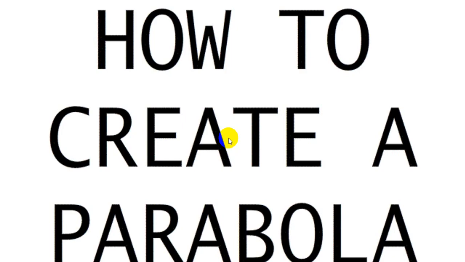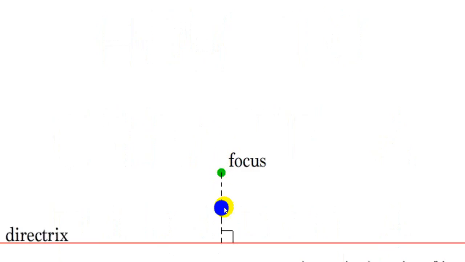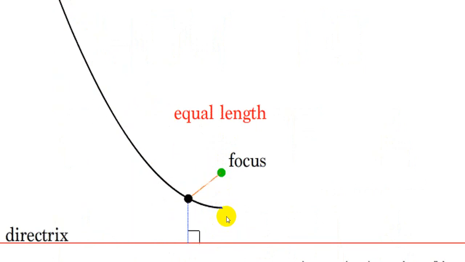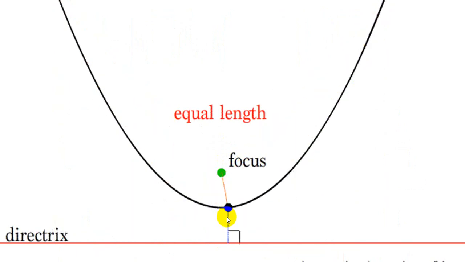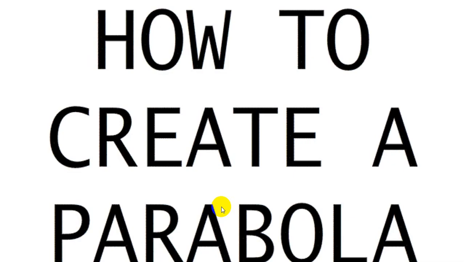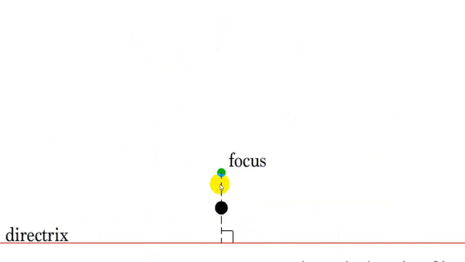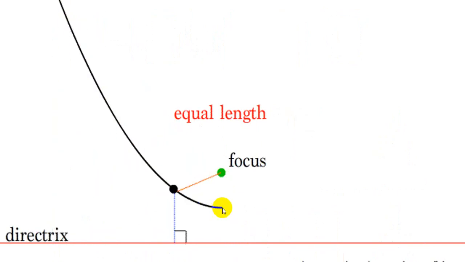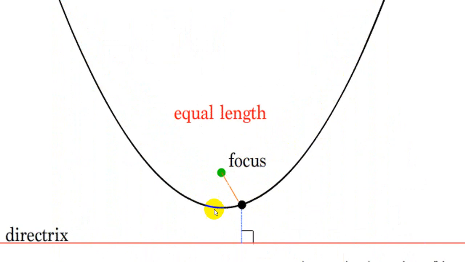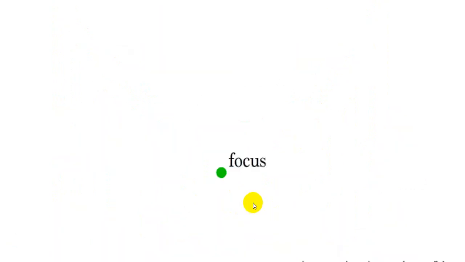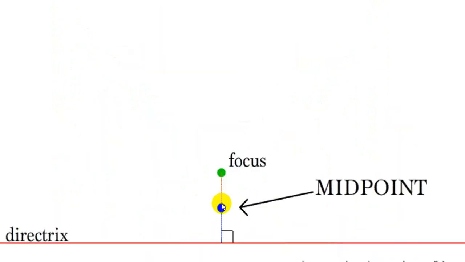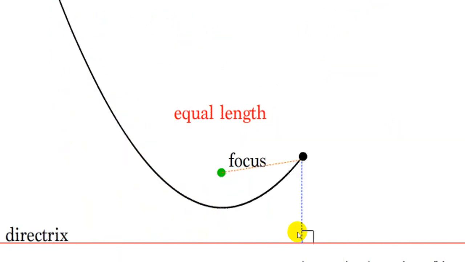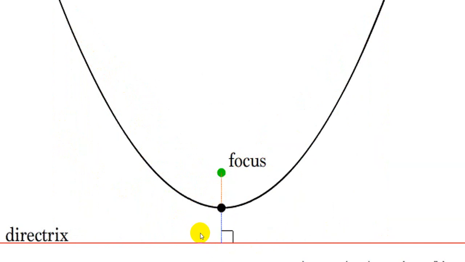This is the focus, and that is the directrix. See the vertex going up and going down similarly. Again, we find the midpoint between the focus and the directrix, and this is the vertex. That line and its distance draw the parabola.